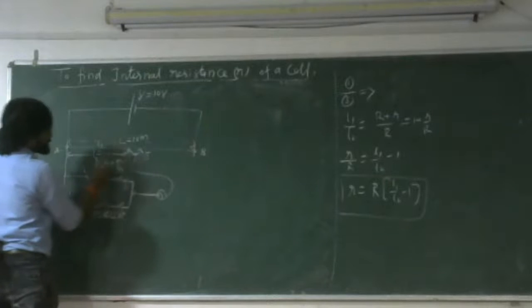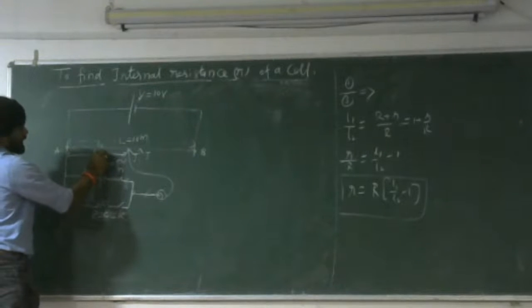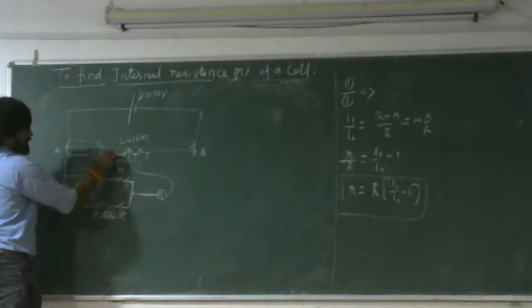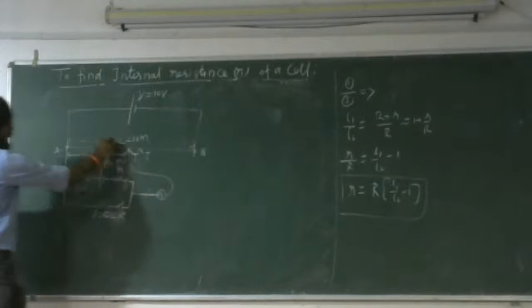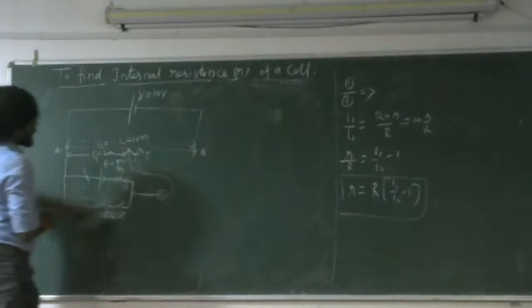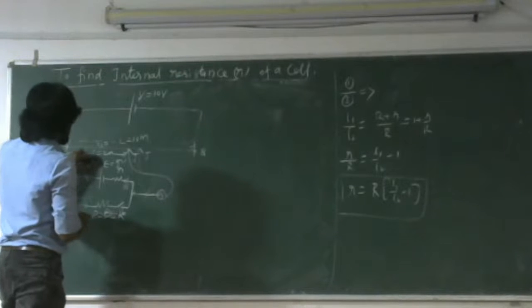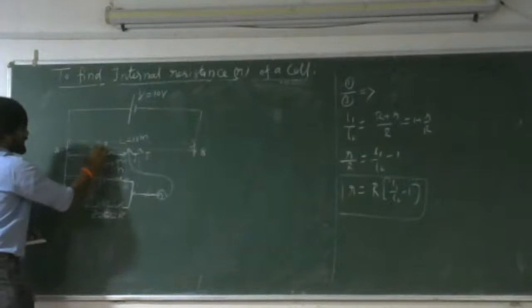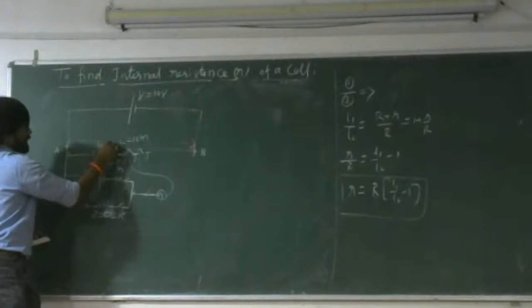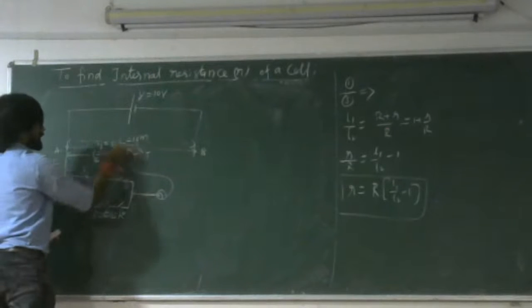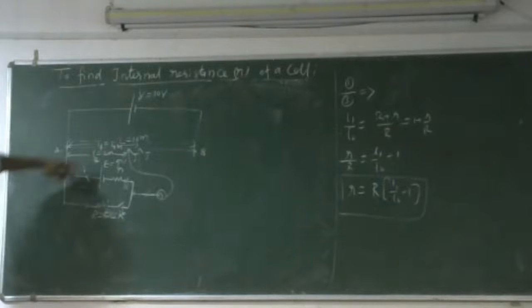L2 is 2 meter, L1 will be 4 meter. This will be L1. Draw this properly. When it is closed, the second case balancing length will decrease. Initially it will be 4, then it will be 2.